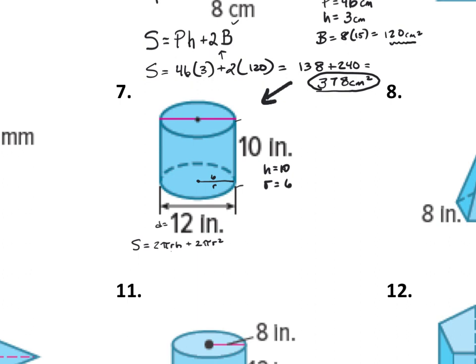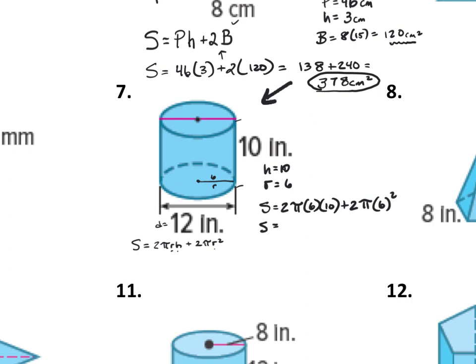And I think that's the only variables that I'm using here for my surface area. So when I plug that information in, I have the surface area is equal to 2 times pi r, which is 6, times the height, which is 10, plus 2 times pi times r squared, which is 6 squared.